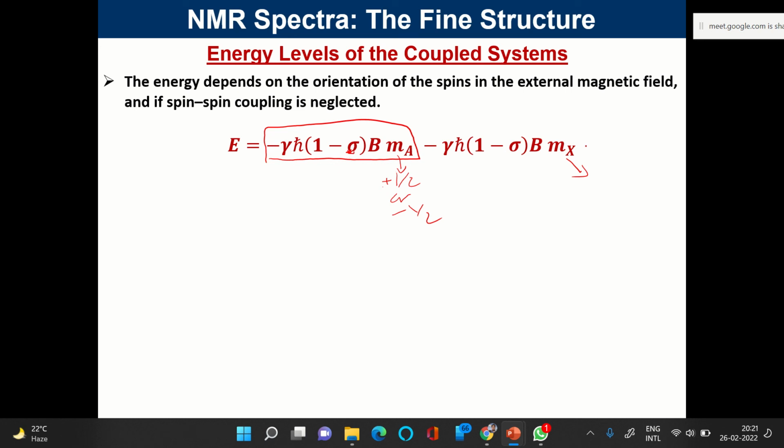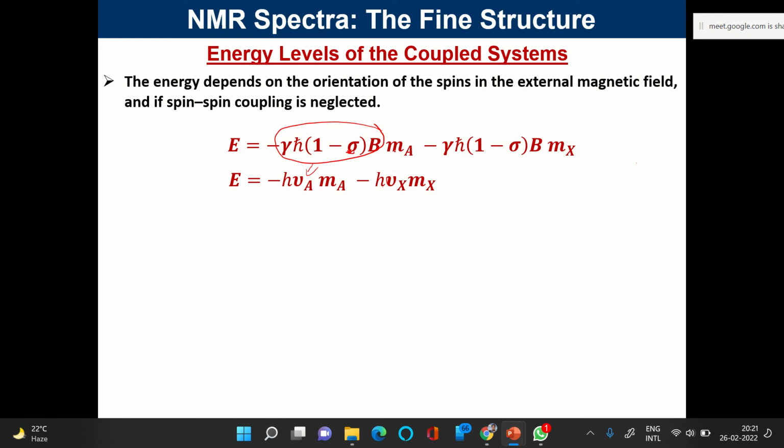Two different nuclei will have two different energies corresponding to that, and so we can write this as the interaction energy for the two-spin system. We can simplify it further: this whole term was your Larmor frequency, so you can put it in terms of energy, h nu.